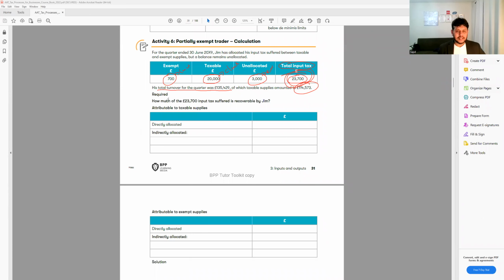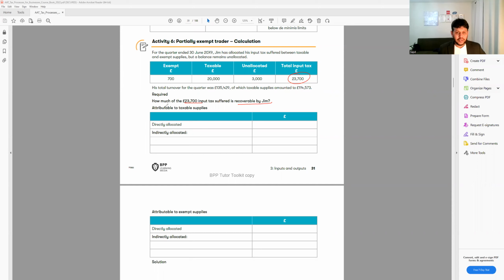Now the question is, how much of the input tax can be claimed? Our total input tax is 23,700. Can I claim back everything, or how much is it? So how much of the input tax is recoverable by Jim? So let's have a look. First thing, we have to know the allocated and the unallocated amount.